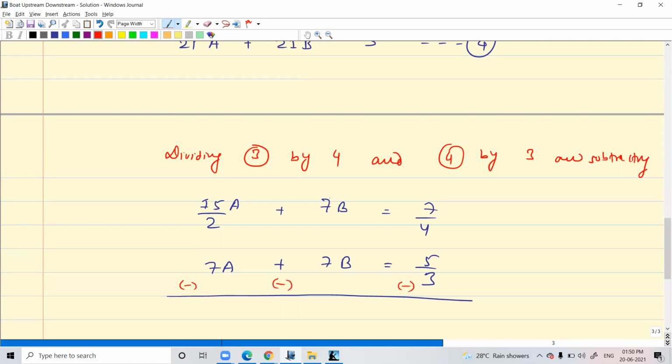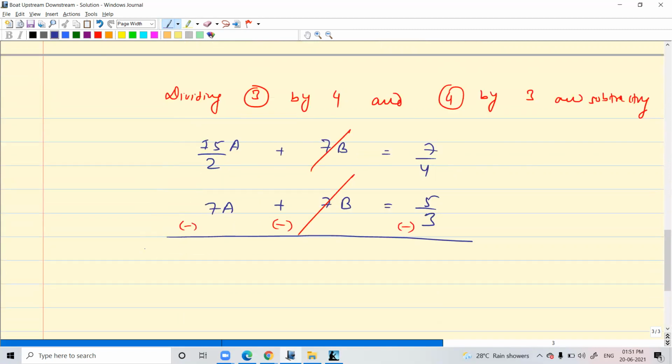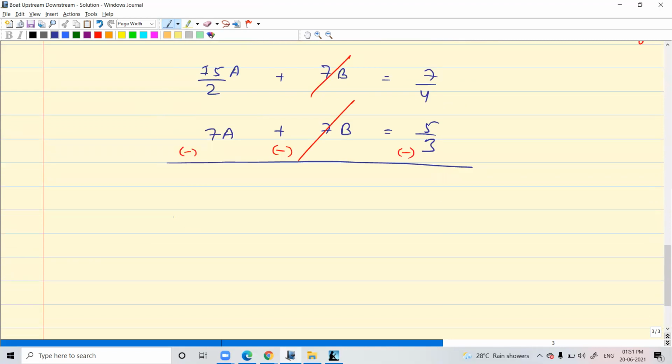So 7B minus 7B will become 0. Just do the subtraction of this. 15 by 2 minus 7A. So I can take A common and write it as 15 by 2 minus 7 times A is equal to 7 by 4 minus 5 by 3.